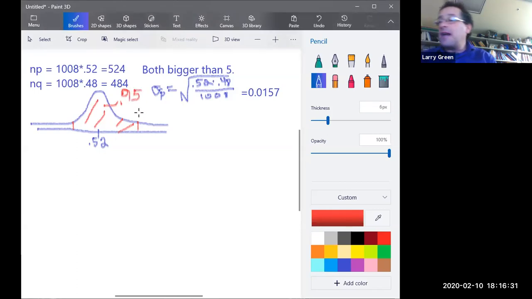And that's called a 95% confidence interval.